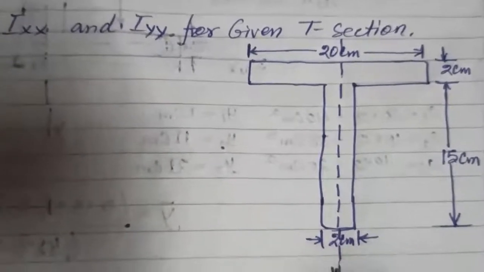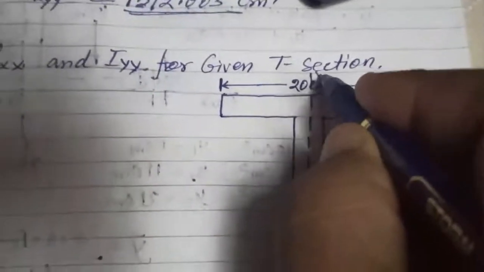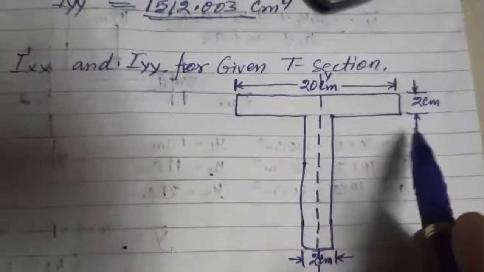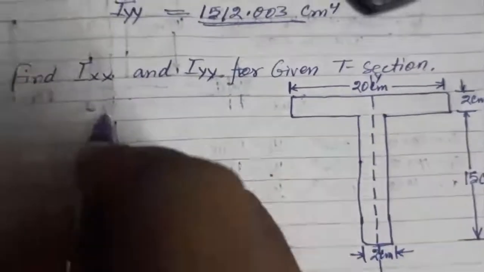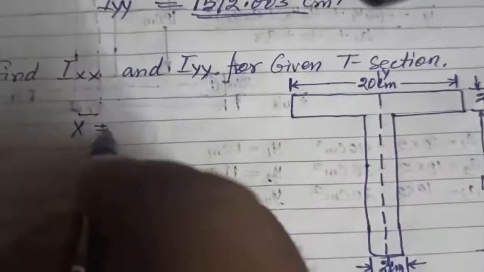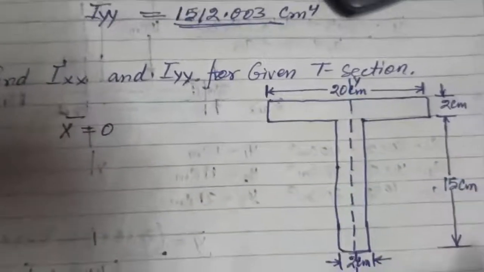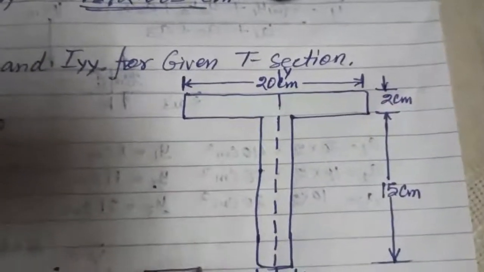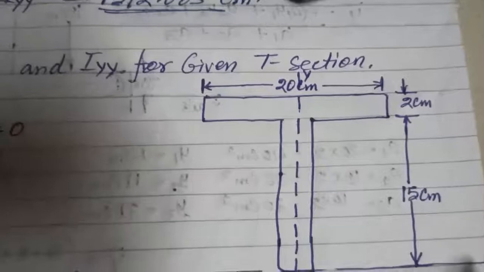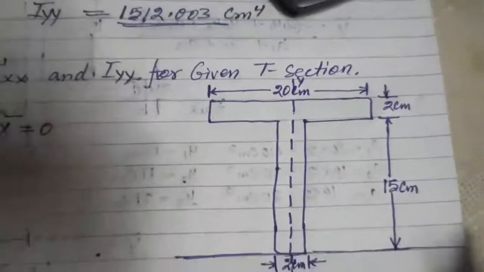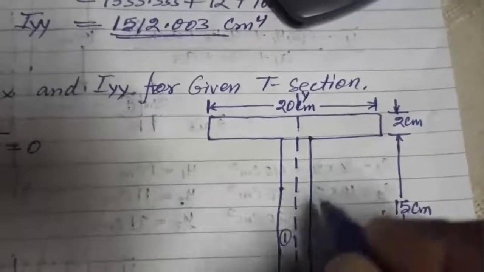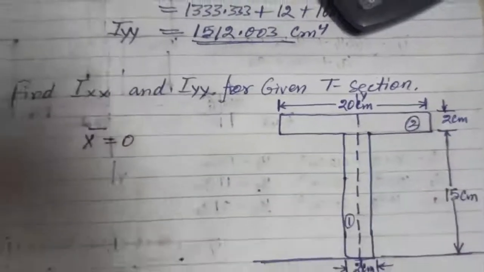Here also, about this YY line, this figure is symmetric. So X bar is 0, and now to find the Y bar, we will take this as a reference line and divide it into two parts. One is this and second is this.